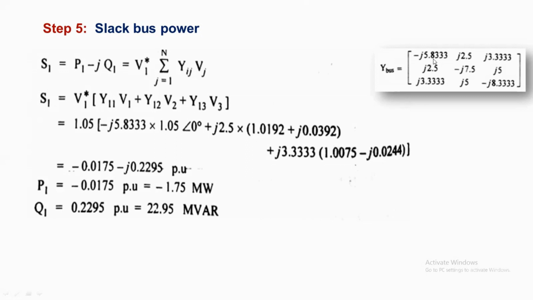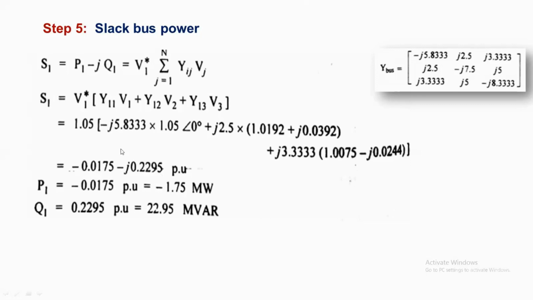Y11 is minus j5.833, Y12 is j2.5, Y13 is j3.333. Substitute all the values and simplify using the calculator. The answer becomes minus 0.0175 minus j0.2295 per unit.